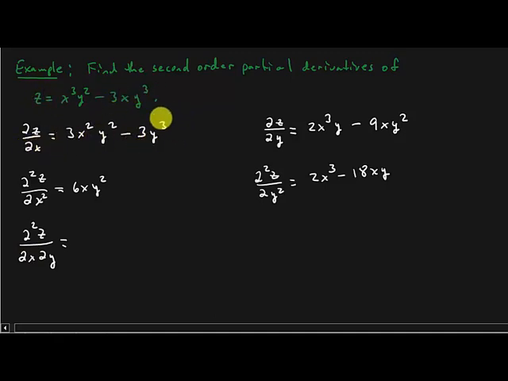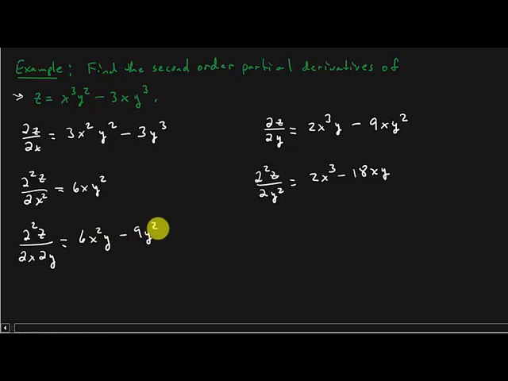And now I'm going to take the partial of this with respect to y. So all you're doing, you're starting with your original function. You're going to take the partial of that with respect to x, and then the partial of that, which is this, with respect to y. All right. So now let's take the partial of this with respect to y. That is going to be 6x squared y minus 9y squared.